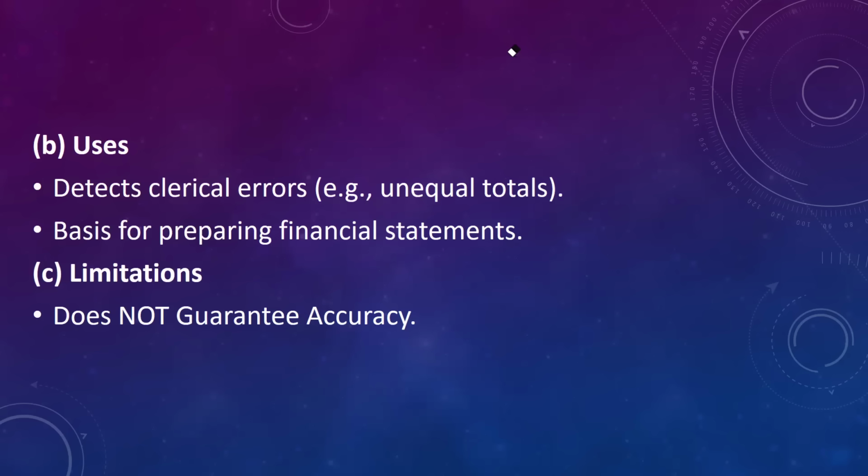The thing is, the trial balance cannot detect all errors all the time. So just because your debit side and your credit side are equal, it does not mean that there are no errors. A trial balance never guarantees accuracy.